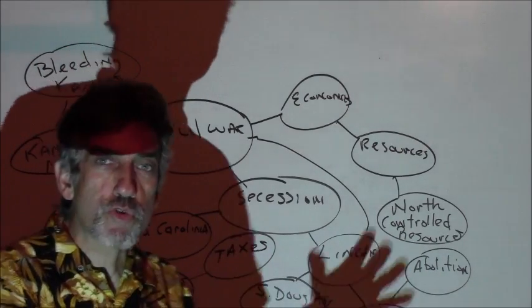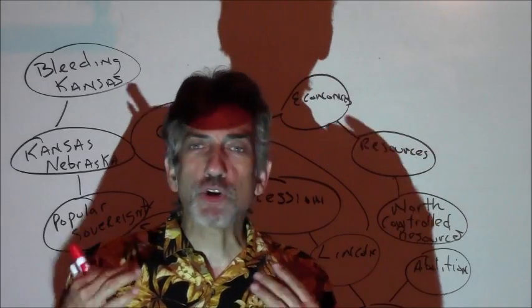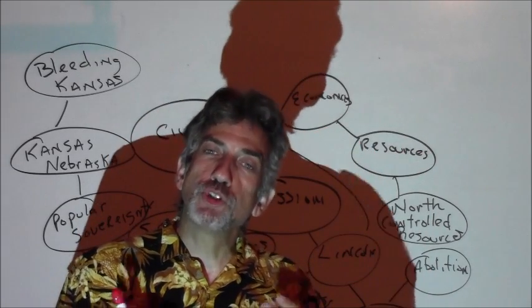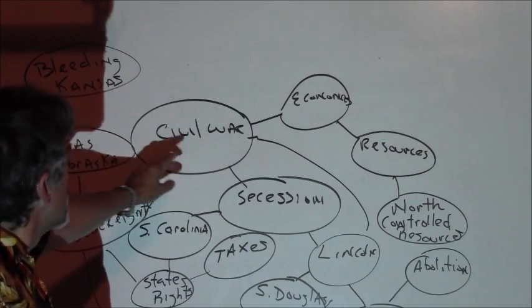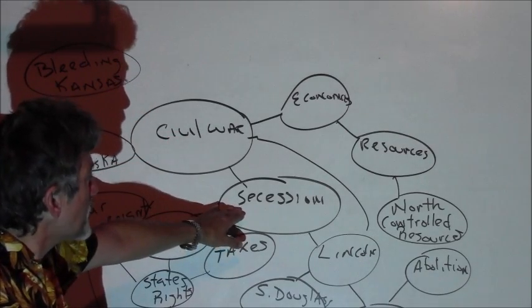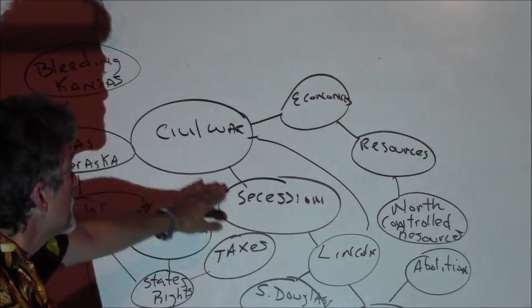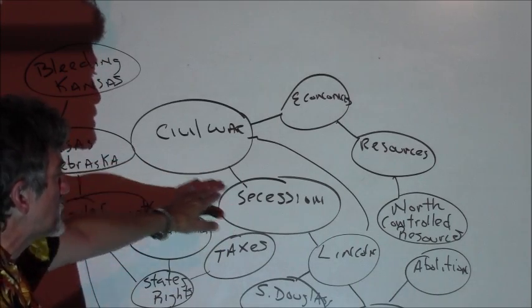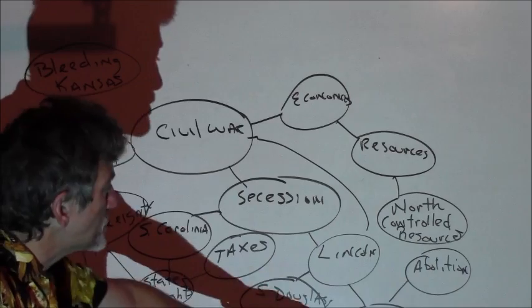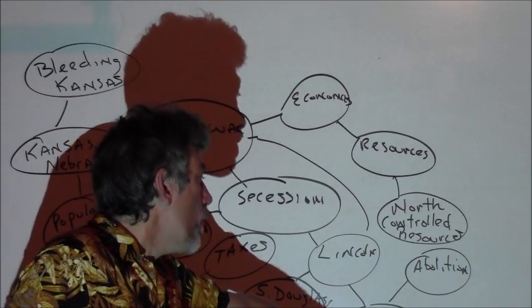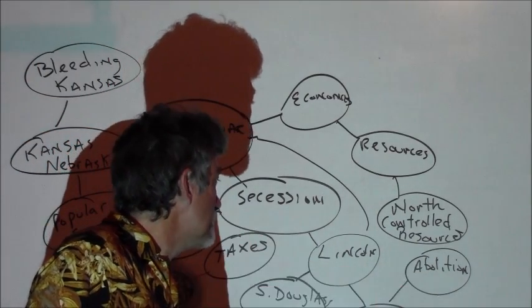And if you can do this, and you can create a huge logic web, it's an incredible study tool. Because what you do with the logic web is you turn around, you look at it and go, okay, Civil War, secession, sure, South Carolina was the first state to secede. It seceded in December of 1860 because of the election of Abraham Lincoln. Lincoln was a Republican, and the whole mantra of the Republican Party was abolition.